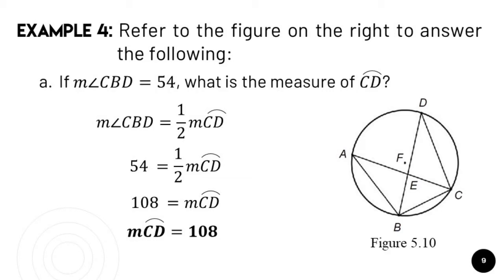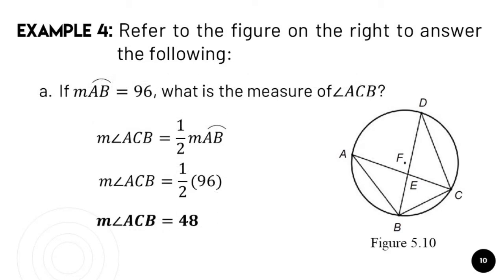On the figure, angle CBD intercepts arc CD. Therefore, to solve for the measure of arc CD, the idea of the inscribed angle theorem will be applied. The measure of arc CD is twice the measure of angle CBD. Therefore, the measure of arc CD is equal to 108.